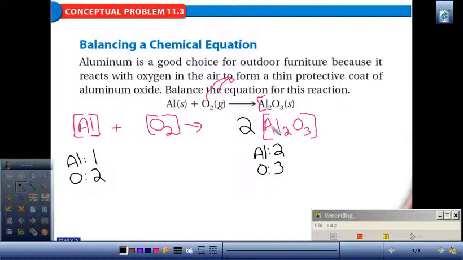So now I've doubled this whole molecule. So now I have 2 times 2, 4 aluminums, and 2 times 3, 6 oxygens. So now I need 6 oxygens over here, so I'm going to put a 3 in front. So now 3 times 2 is 6 oxygens. Well, I have 4 aluminums coming out. That means I need to put 4 in. So I'll put a 4 in front there, and now that is balanced. Whatever's on the left equals whatever's on the right.